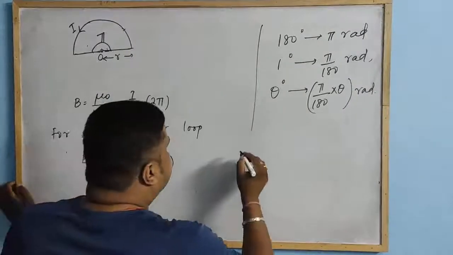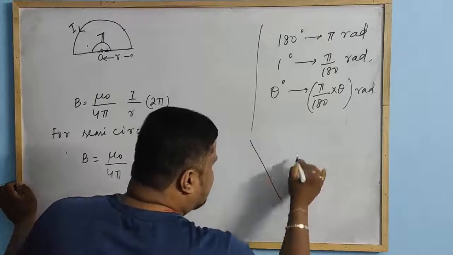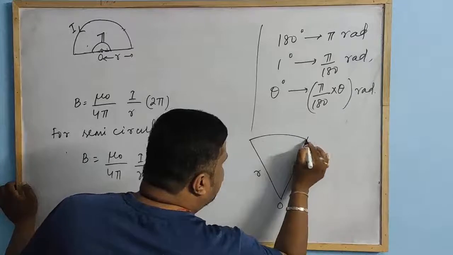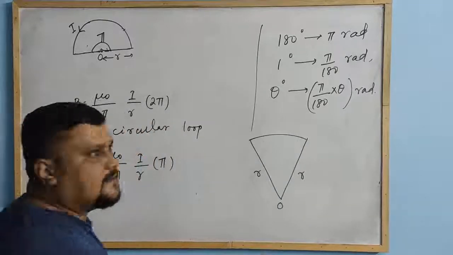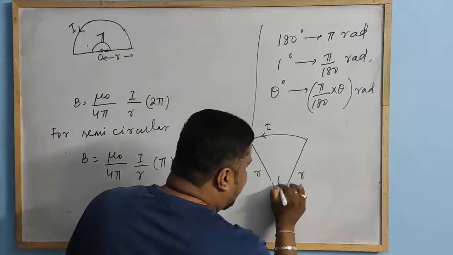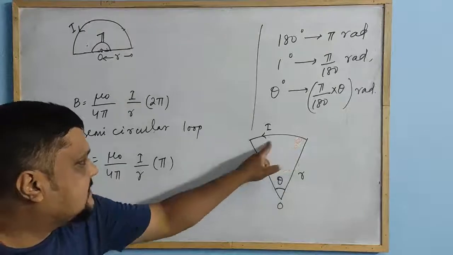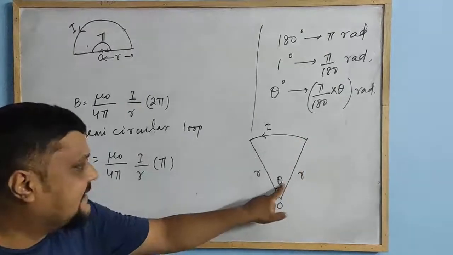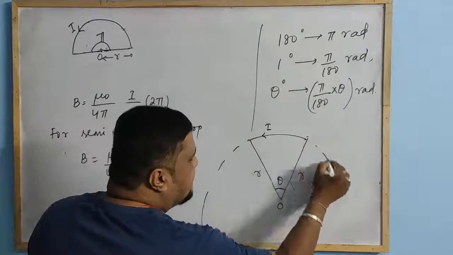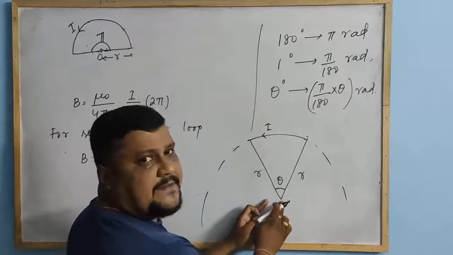If in that case it is given like this is O with radius R, let the current be flowing like this, and it subtends an angle theta radian at the center. This is a large circle, of which this portion is an arc. For this current, what is the magnetic field here?